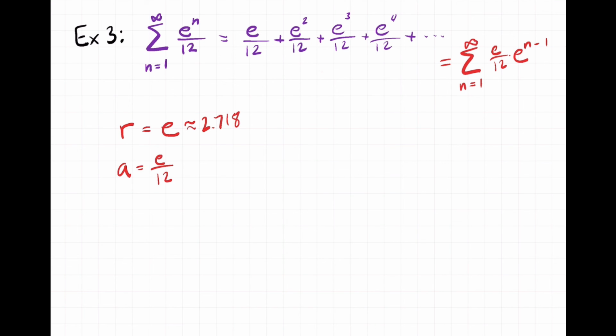It is certainly bigger than 1. So, does the series converge or diverge? Well, since the absolute value of r, which is the absolute value of e, which is e, is greater than or equal to 1, the series diverges.